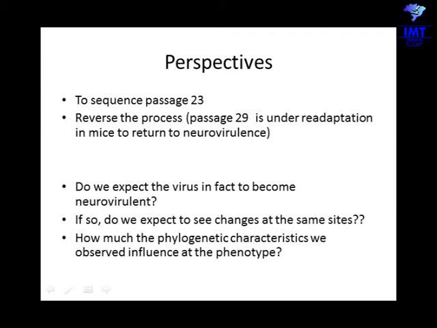And the questions are: do we expect the virus in fact to become neurovirulent? If so, do we expect to see changes at the same sites? And how much do the phylogenetic characteristics we observed influence the phenotype?